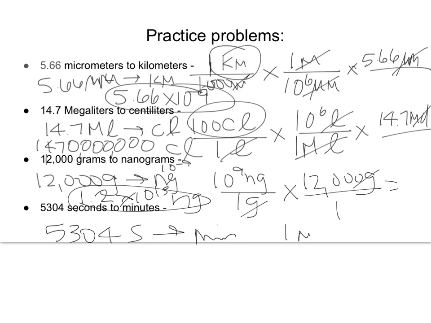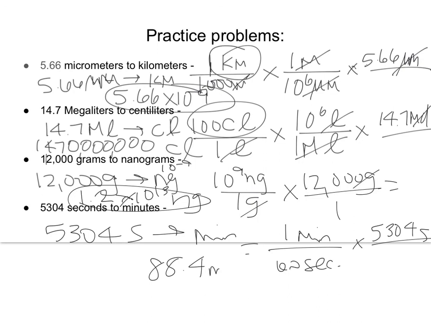So you're going to say 1 minute on top, 60 seconds on the bottom, and then in order to get rid of that seconds, you're going to multiply that by 5,304, okay, seconds. And so that should give us something actually reasonable this time. So 5,304 divided by 60 is going to be 88.4 minutes.